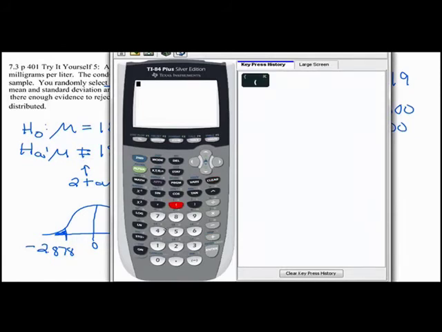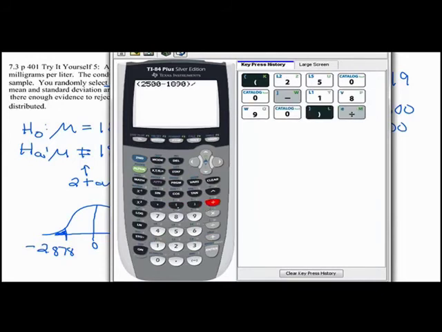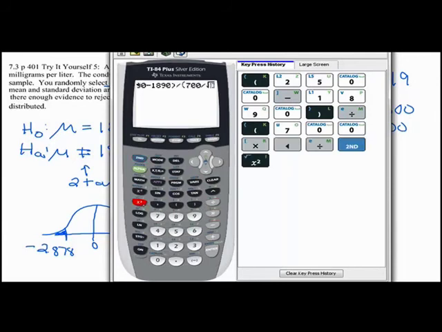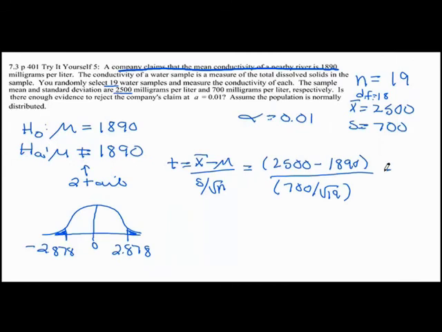I'm going to use the parentheses there just like we had: 2500 minus 1890, close parentheses, divided by 700, divided by square root, 19, close parentheses, and we should end up with 3.798. I'm going to go with 3 point, and then the 8 makes the 9 become a 0, so that'll be 3.80. So let's go with t is equal to about 3.80.